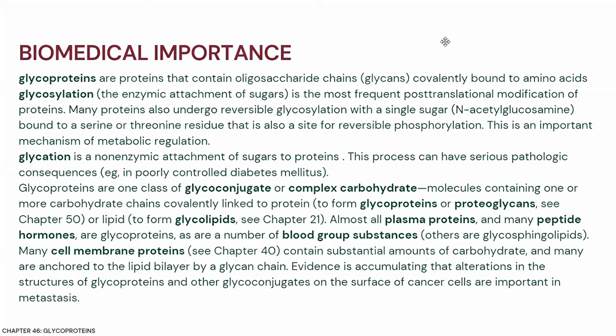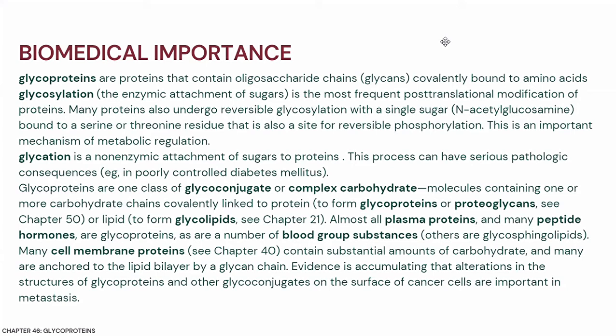All right, so glycosylation is the attachment of sugar utilizing an enzyme, so it is an enzymatic reaction. It is the most frequent post-translational modification. What we mean by post-translational modification is when a protein that has been synthesized is then modified by the addition of other compounds.